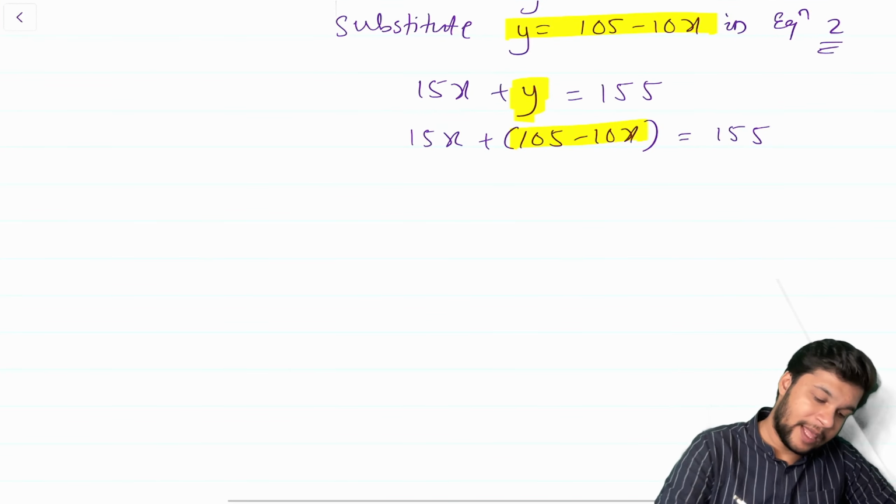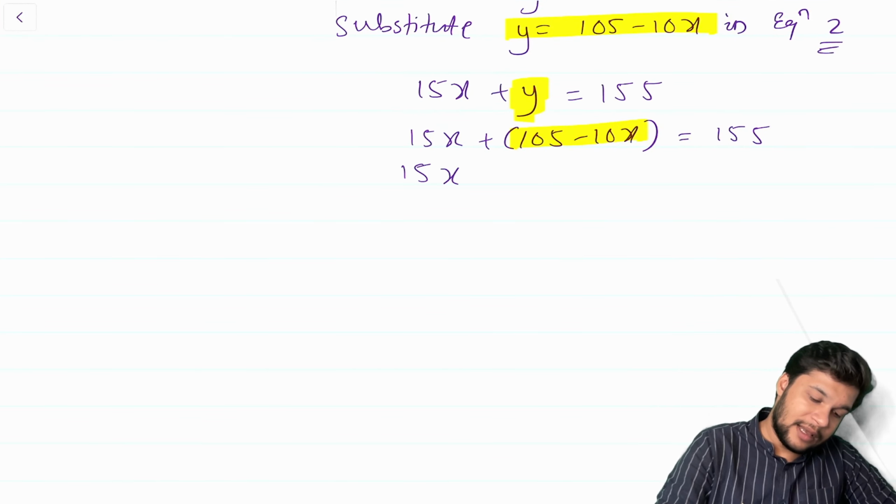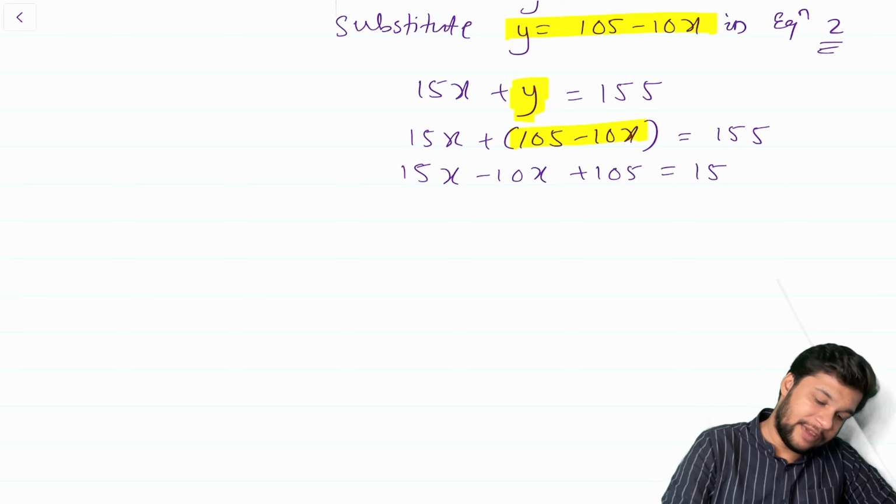Now let's solve. So 15x minus 10x plus 105 equal to 155. So 5x equal to 155 minus 105. मैंने 105 को इस साइड शिफ्ट कर दिया.